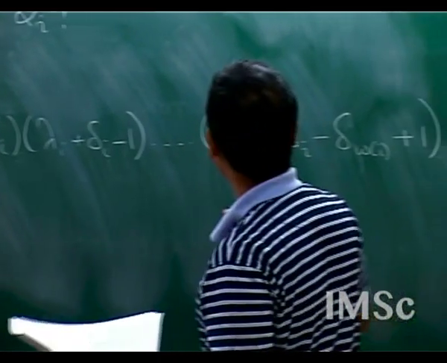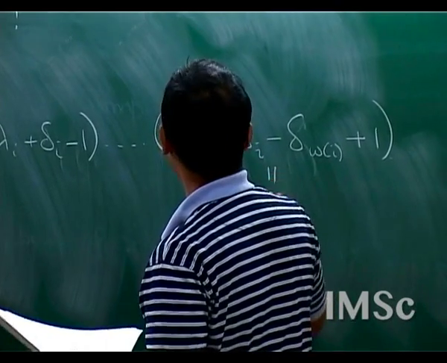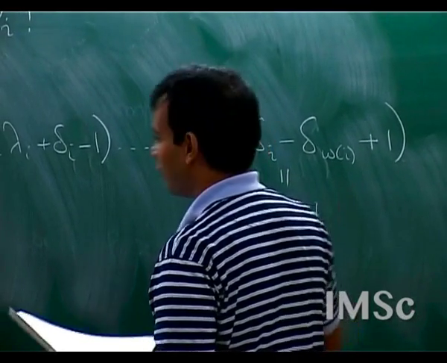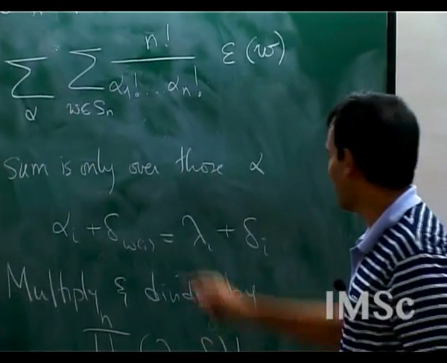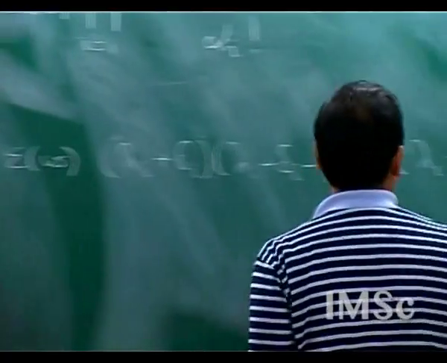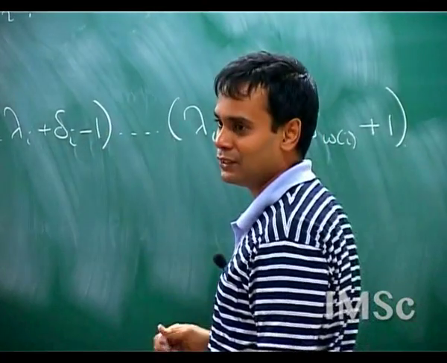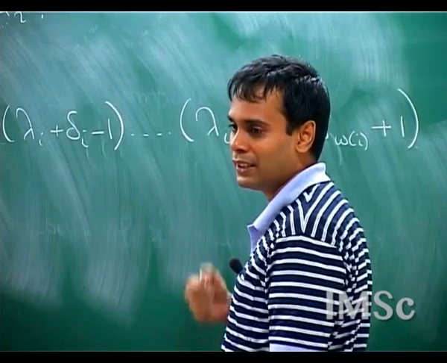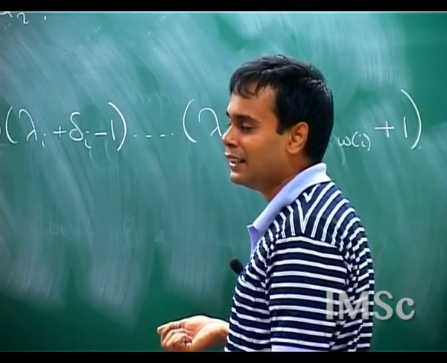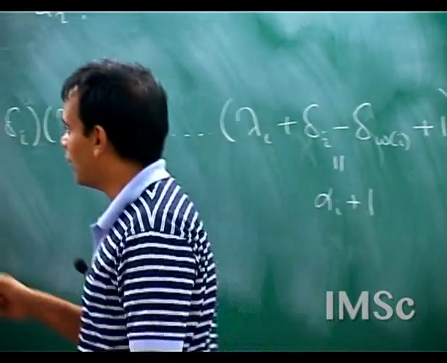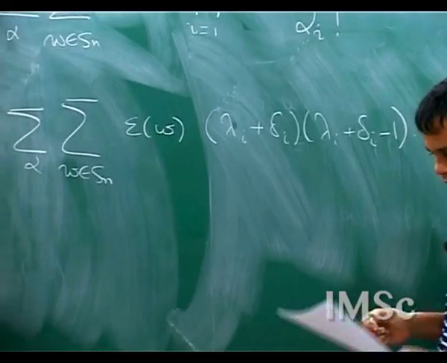If so, this last number is really just alpha I plus 1. I have just used this identity here, that alpha I is lambda I plus delta I minus delta wi. So if alpha is negative, then at least one of these terms will be 0, and this gives 0. So now I no longer have to worry about the non-negativity of the alpha i's, and now I can just solve for alpha in terms of w.